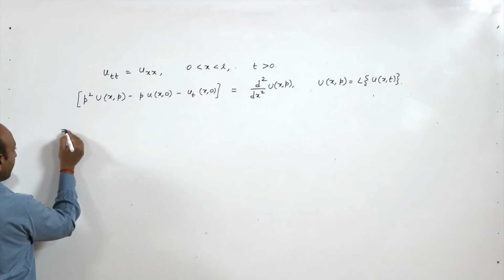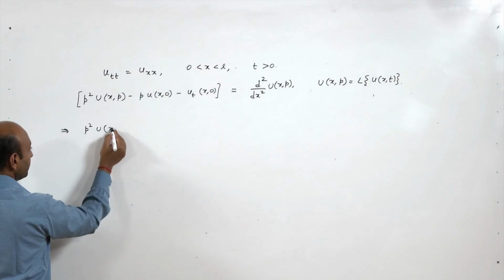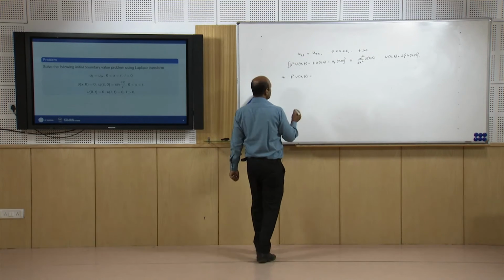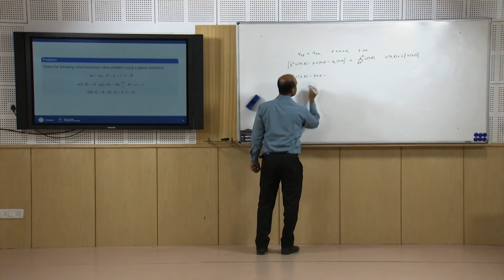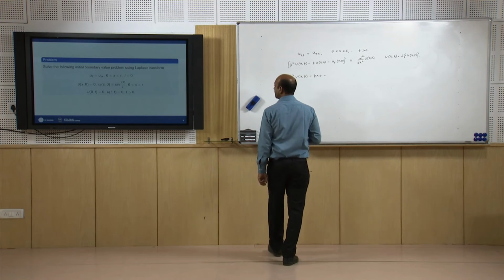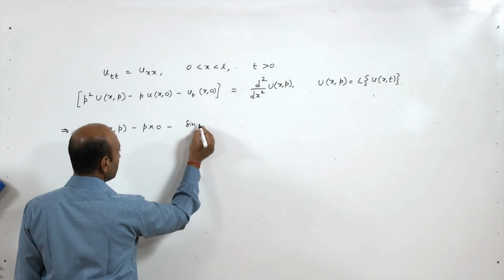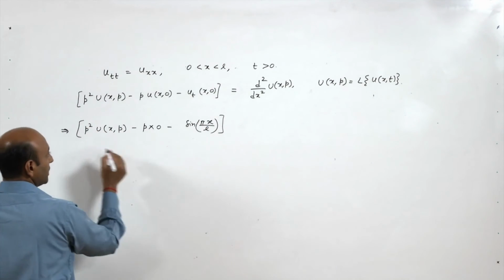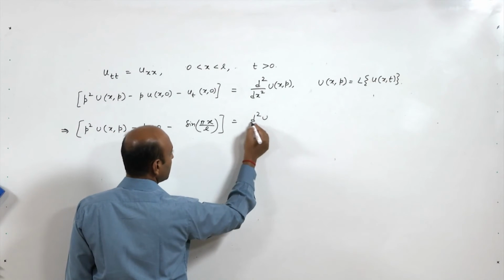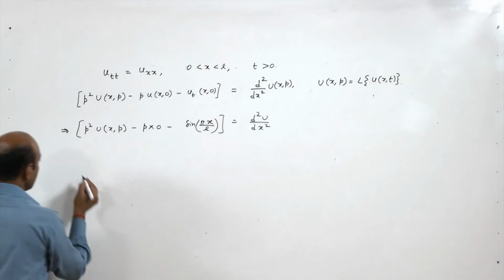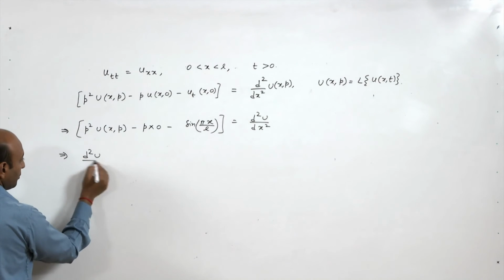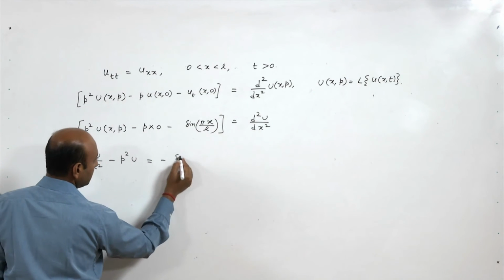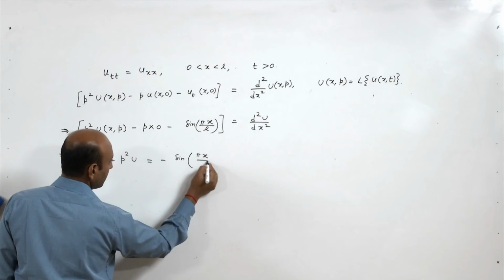Now, this is p square U(x,p) minus p into u(x,0), which is 0 given to us, minus u_t(x,0), which is nothing but sin pi x by L, given to us. And this is equal to d2U upon dx2. So, this implies d2U upon dx2 minus p square U is nothing but minus sin pi x by L.